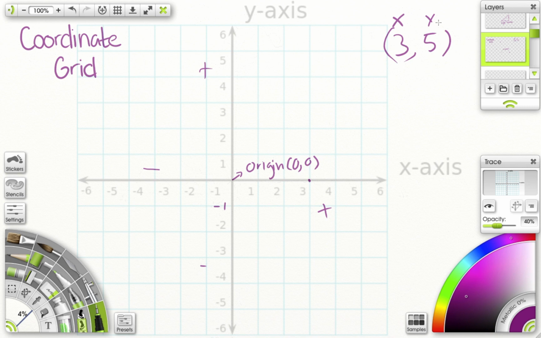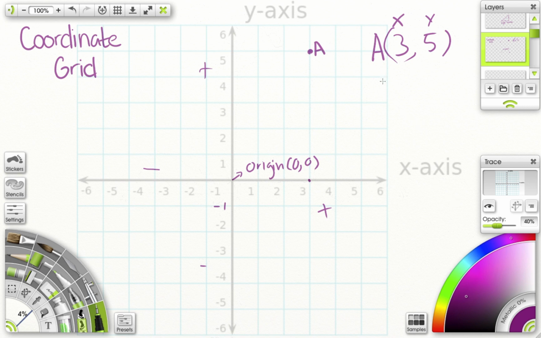Positive 5 means I go up on the grid and not down. So I count 5 spaces up. So I have 1, 2, 3, 4, 5. So I'm going to call this spot A. So I'm going to label this point A on my grid. And I've just plotted the point (3, 5).